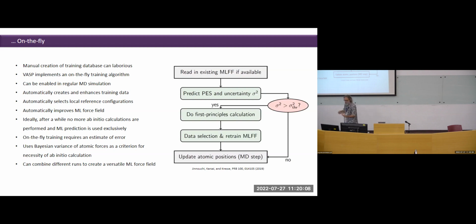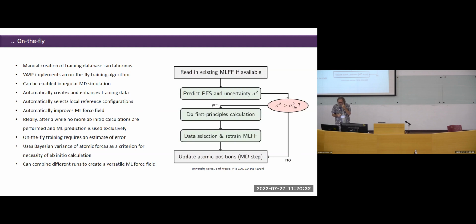So we have already arrived at a rough model that describes our forces and energies. So what we now do during this MD is we evaluate the total energy and the forces predicted from our model. And then we need to decide whether this prediction is good enough.